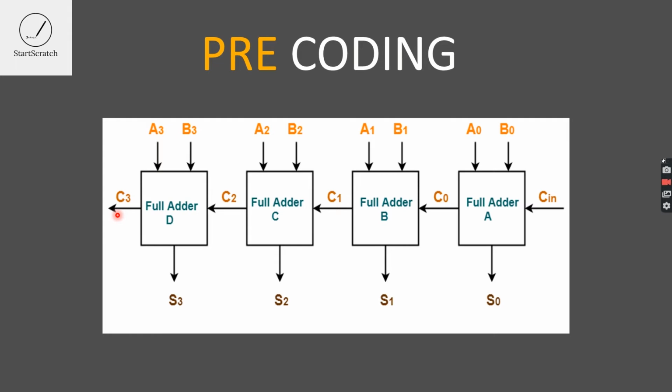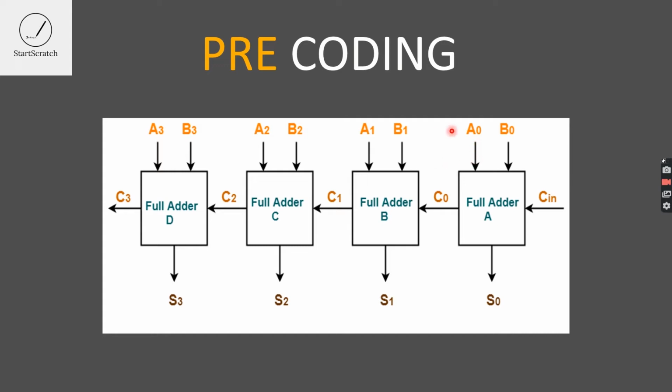And coming to the functionality, you will be giving two 4-bit numbers and getting the output as the sum of those 4-bit numbers. You will be giving those numbers in the form of single bits.